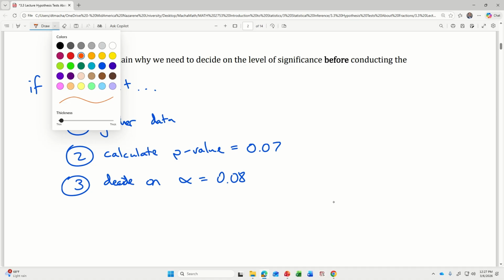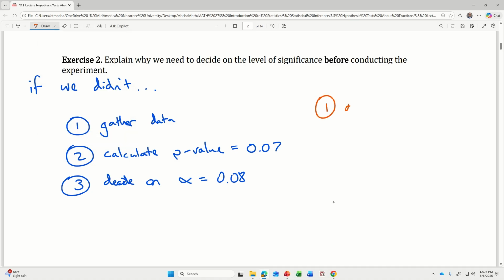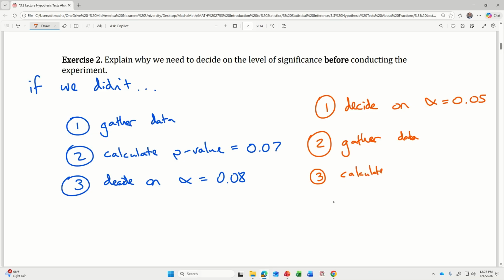So instead, you're supposed to decide on alpha, and maybe you choose something like 0.05 because you haven't gathered the data yet and you haven't calculated the p-value. Then you gather your data, and then you calculate your p-value, and you find that it's 0.07.